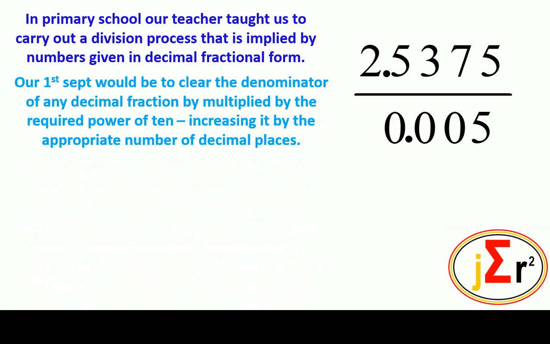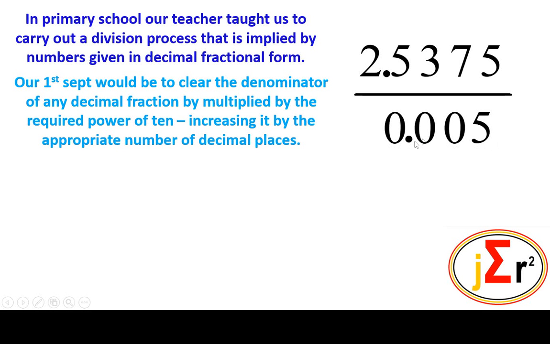Our first step would be to clear the denominator of any decimal fraction by multiplying by the required power of 10, increasing it by the appropriate number of decimal places, which is quite a mouthful, but it is as simple as this. Clear the denominator of any decimal fraction.